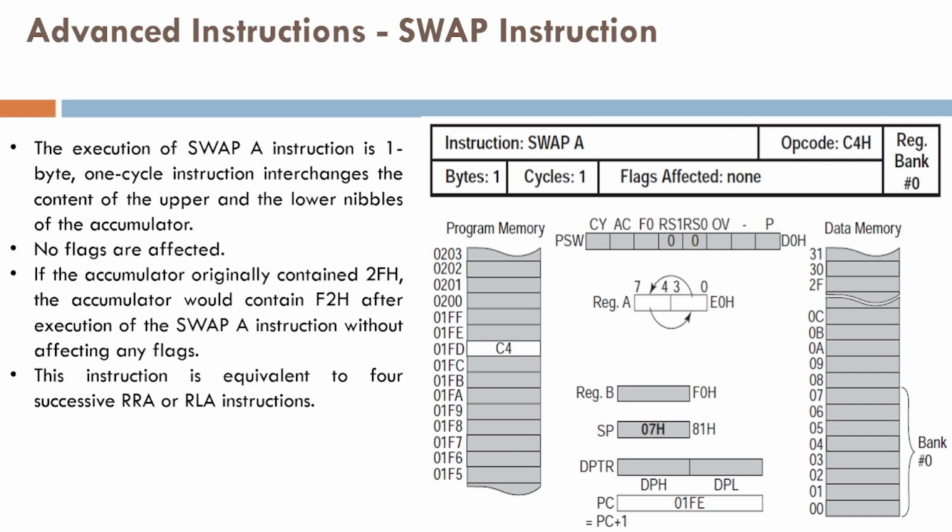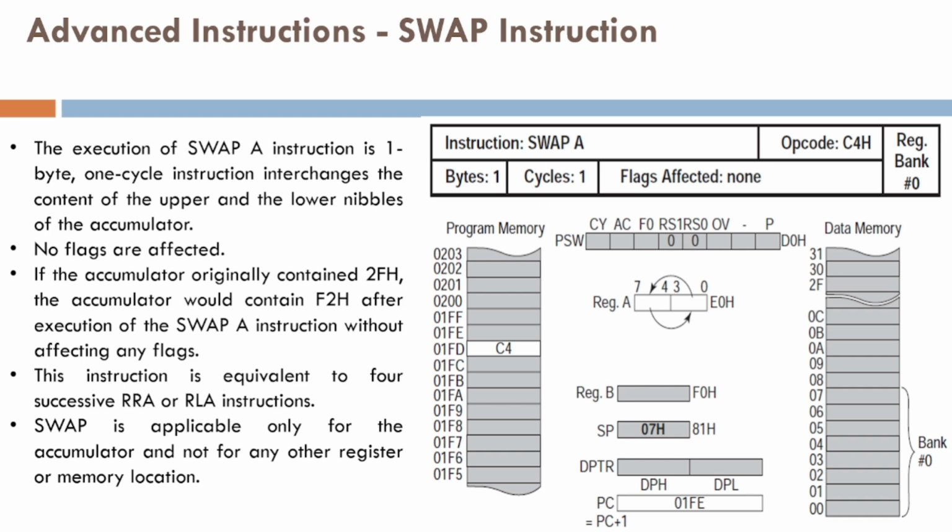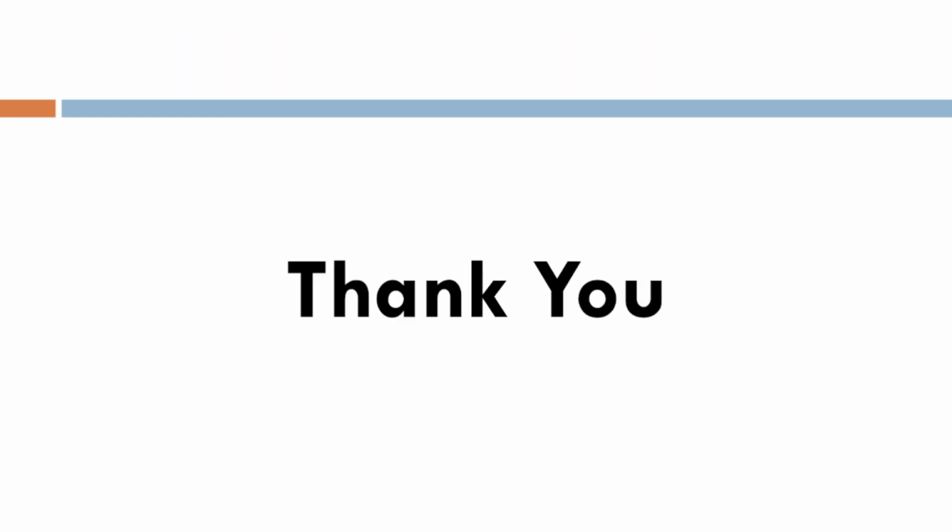In order to manage or optimize your program, you can use the advanced instructions to minimize the time required to perform a particular function in your program. Okay, so this brings us to the end of this lecture about the advanced instructions. Thank you very much.